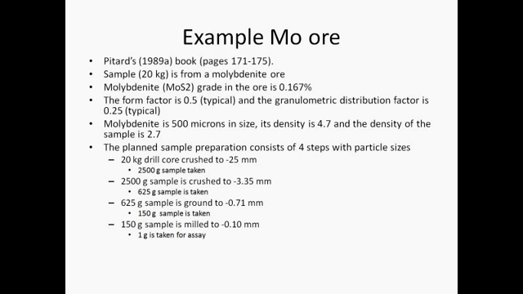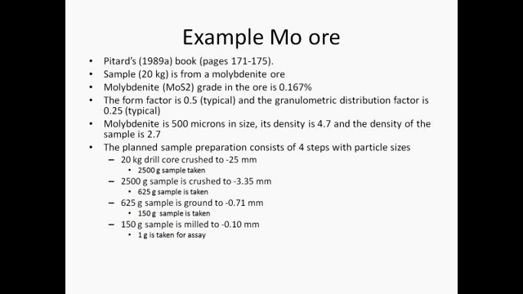First of all, we take the 20 kilogram sample to minus 25 millimeter. Then from this we split and take a 2.5 kilogram sample further to minus 3.35 millimeter. This is split, and we take 625 grams of sample and grind it to minus 0.71 millimeter.